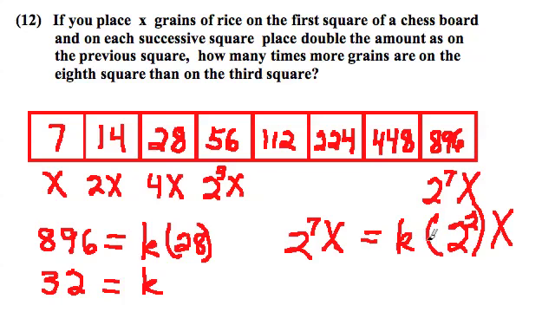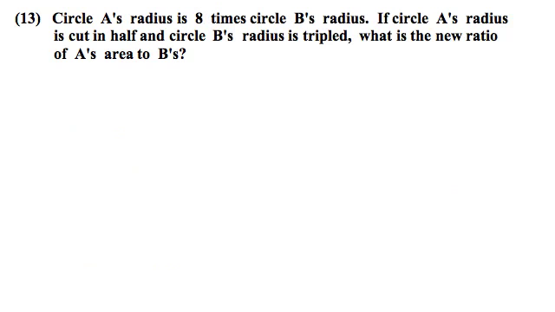So the x's are going to cancel out, so you would be dividing 2 to the 7th by 2 squared, or by 4, and that would be 2 to the 5th, which is 32.